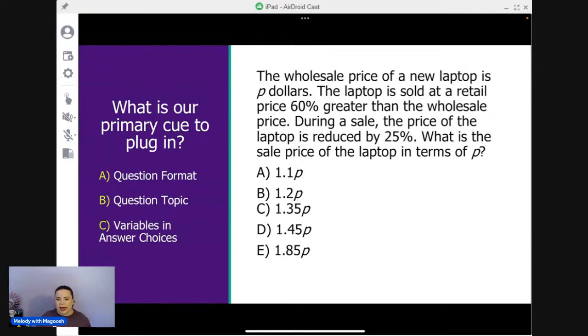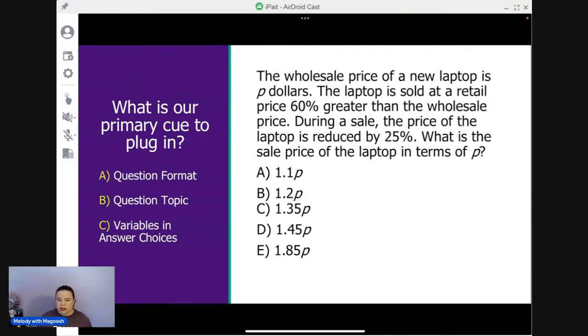Before we start working on anything, I want to point out that we can use the plugging in numbers technique, and here's how we know. Remember the clue I told you to look for? In the purple on the left, it asks, what is our Q that we can plug in here?